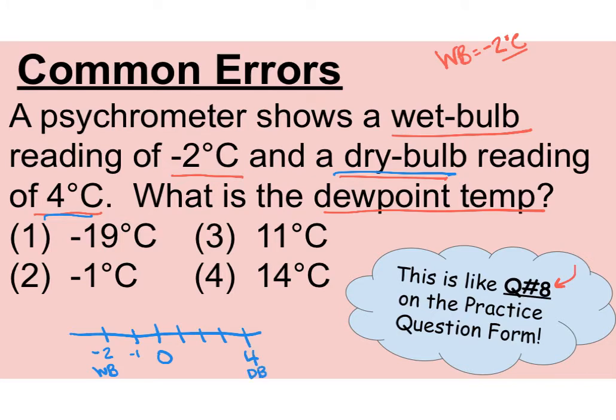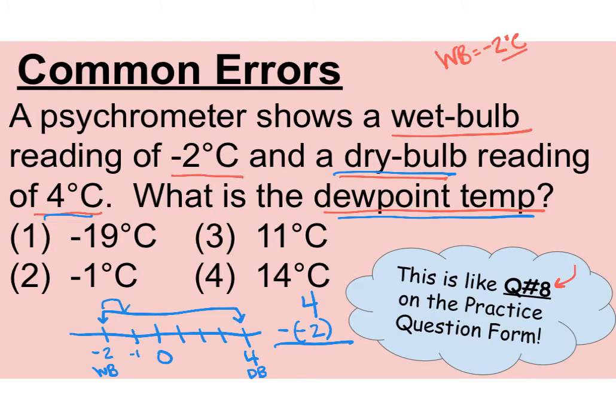That's my dry bulb. Remember that you have to figure out the difference between these two in order to use that chart. So you have to subtract 4 minus a -2. You could do this a couple different ways. You could say 4 minus a -2, like that, or you could count it out.